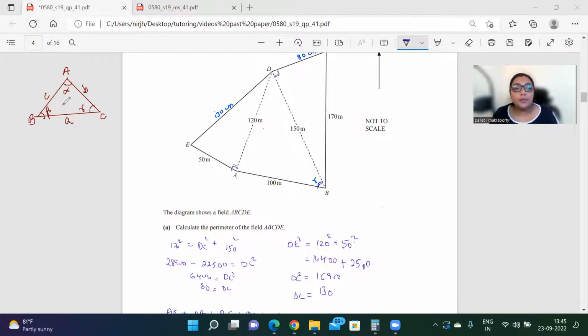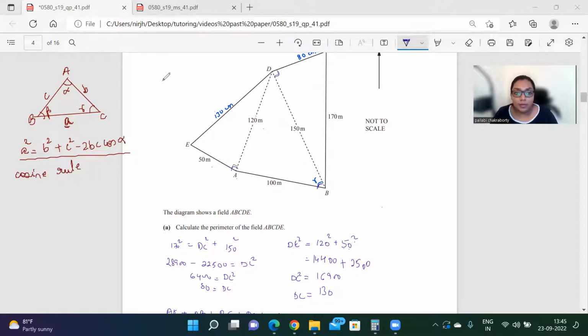Suppose you have to find the side A. So A square will be equal to B square plus C square minus 2BC cos alpha. So this is the cosine rule in general.